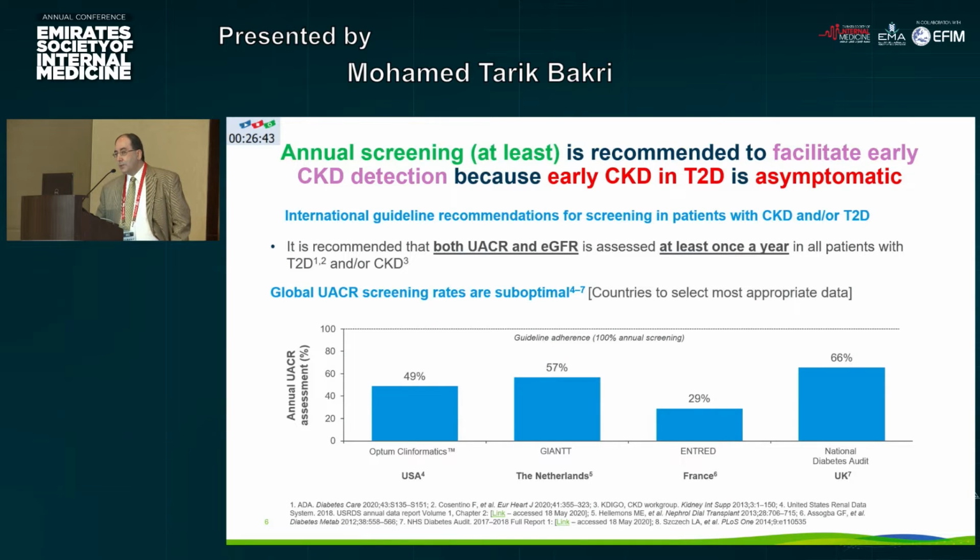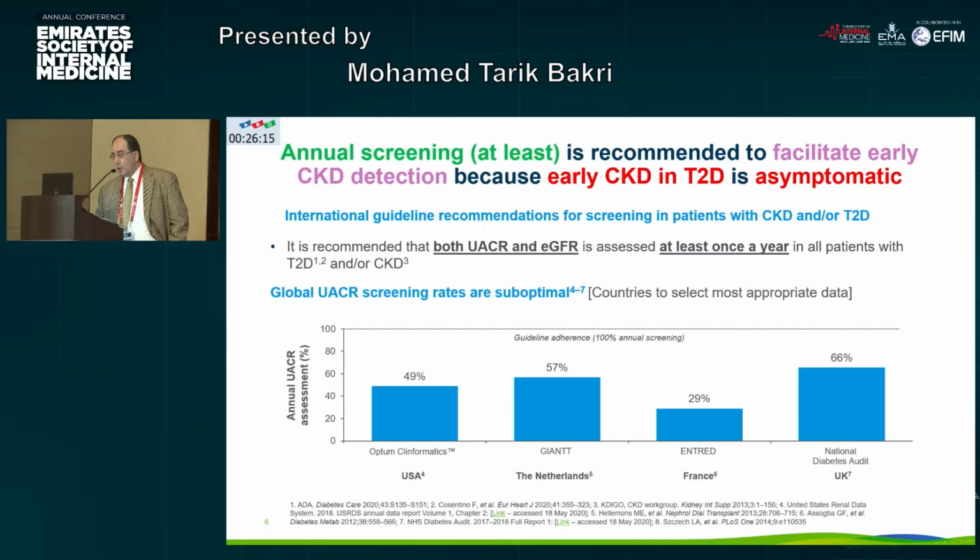And despite all the guidelines, ADA, ACE, or all the guidelines, despite their recommendation to screen our diabetic patients early, on an annual basis, with GFR and urine albumin creatinine ratio, you can see even in developed countries, compliance with this recommendation is really low.